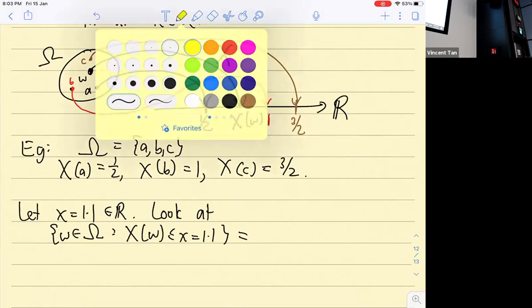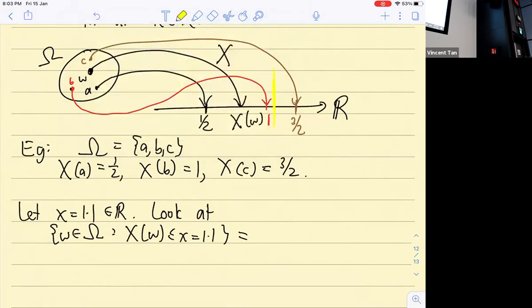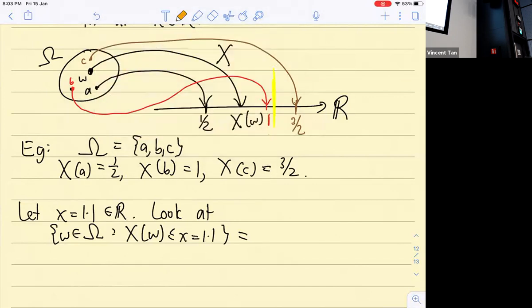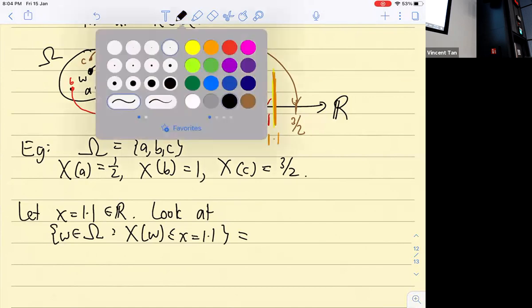I'm going to put a bar here, which is 1.1. So which are the elements of my sample space such that X of those elements is less than 1.1? A and B, exactly.